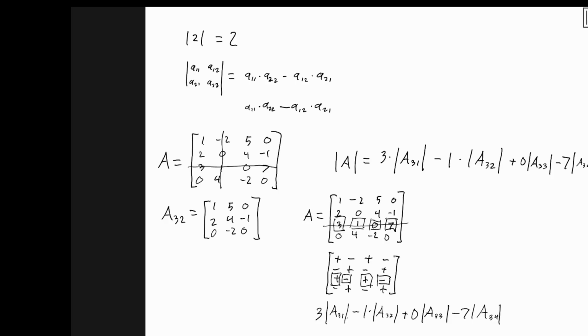And this process will give you the determinant. This is called cofactor expansion, and we call these the determinants of these matrices that after we cross out a row and column are called cofactors.